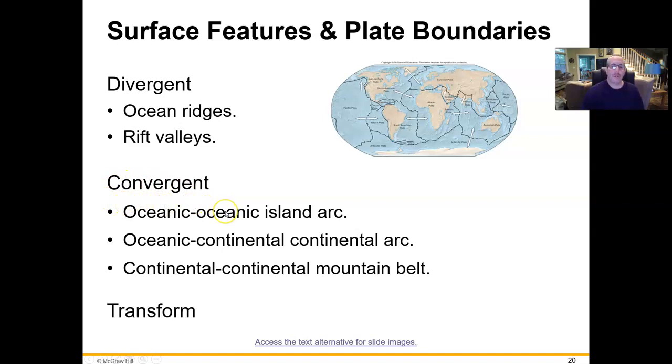Convergent, you have the hitting each other, just ramming into each other. Ocean to ocean, if you have convergent on the ocean floor, you typically see islands form there, like the Hawaiian Islands or volcanic islands that are not too far from a plate boundary. Ocean continental arc, that is a boundary.